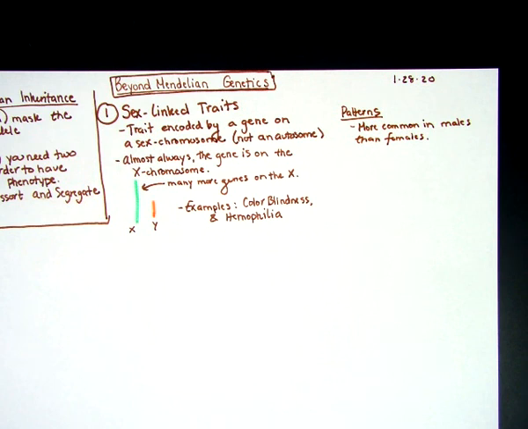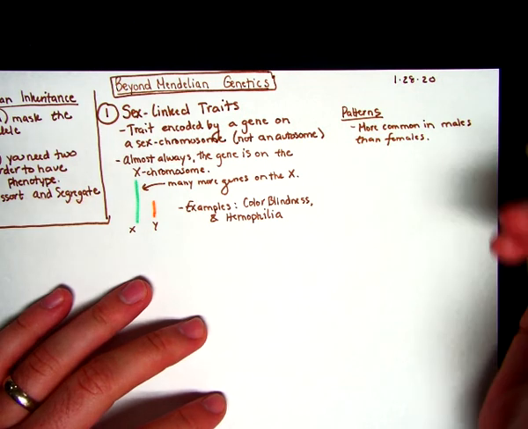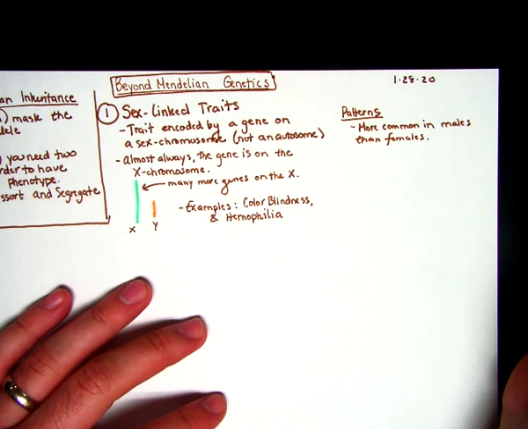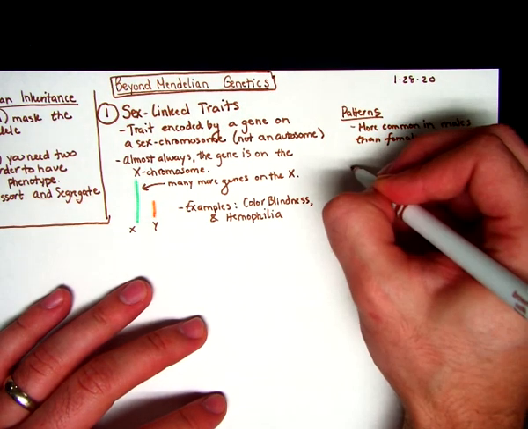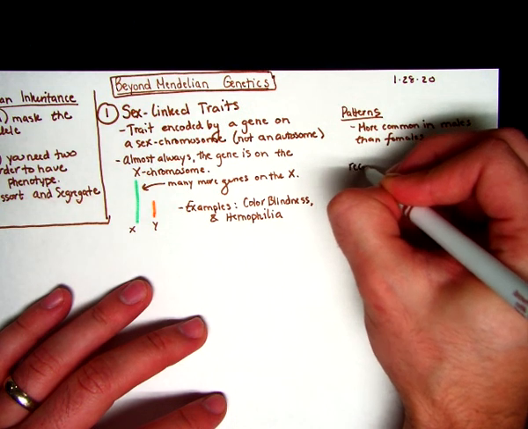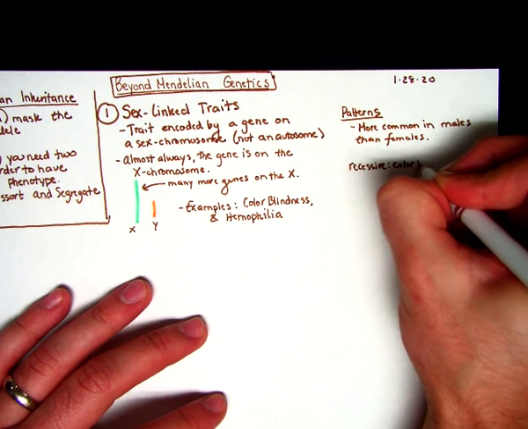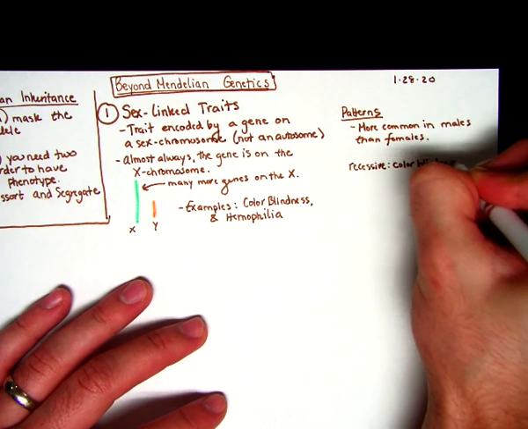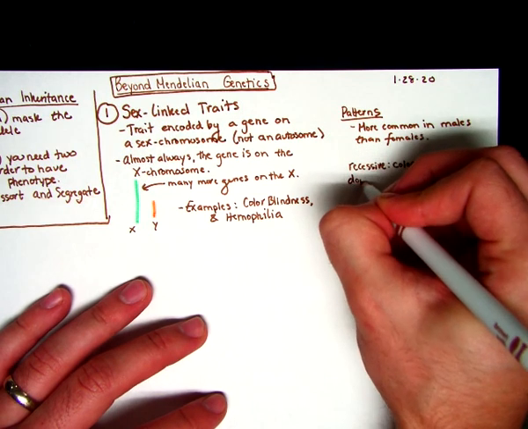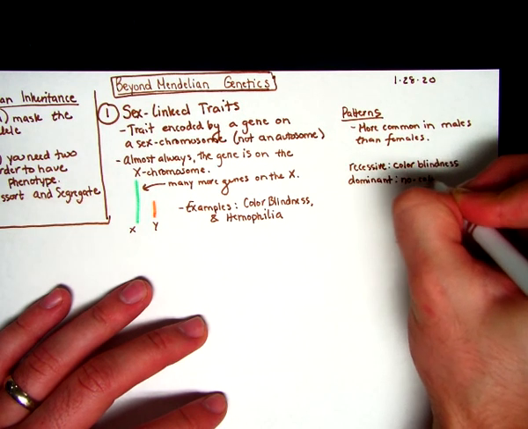And the reason why is that most X-linked traits are actually recessive. So if we think about this, let's say we talk about color blindness. So color blindness, we're going to say the recessive is color blindness, and the dominant is no color blindness.